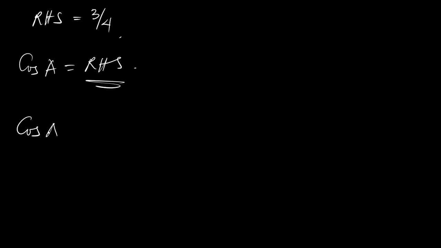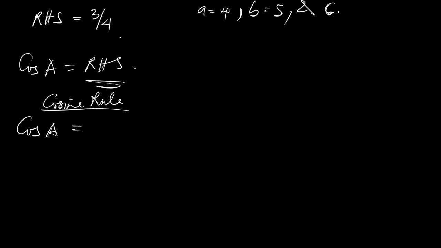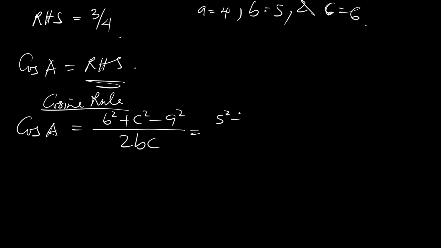Now let's see if cos A is equal to the right hand side of that equation. Let's use the cosine rule to find our cos A. We know that side a is 4, side b is 5, and side c is 6. So cos A is equal to b square plus c square minus a square all over 2bc. So b is 5, so you say 5 square plus 6 square minus 4 square divided by 2 times 5 times 6.